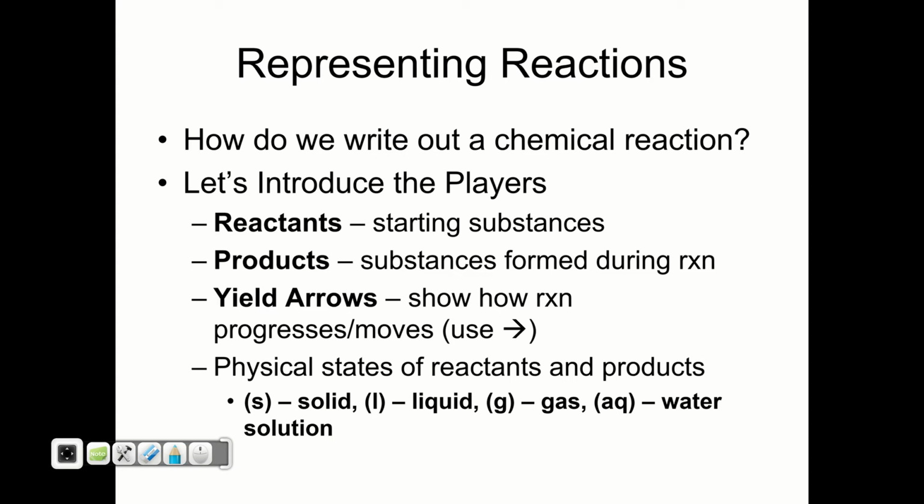All right. It is possible that you might also see the physical states of the reactants and products listed. What happens is we might write H2O and then in parentheses right next to it (l). That's meaning that this water, this H2O chemical, is a liquid at this time.